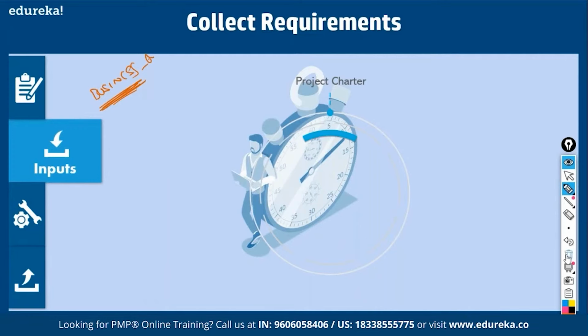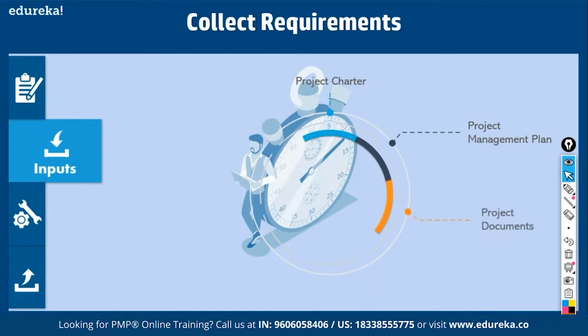So the basic input is the project charter, which gives you the high level requirements for the product, fine. Then the project management plan. Why is the project management plan once again an input? Because the project management plan is a combination of multiple plans, so that will provide you guidance on collecting requirements. Then what else? We have project documents. What are project documents? There are two things in a project, fine.